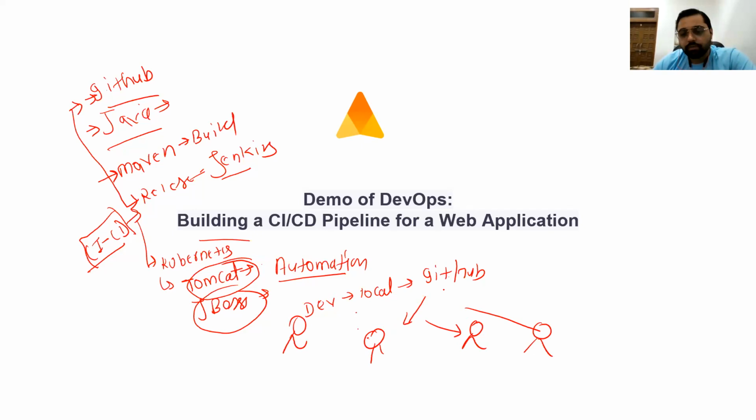The developer will host that code on GitHub, and after that I clone that code on my system and build that code. After building, I again push the updated code to GitHub, and after that the testing person will clone that code and test it on his system.